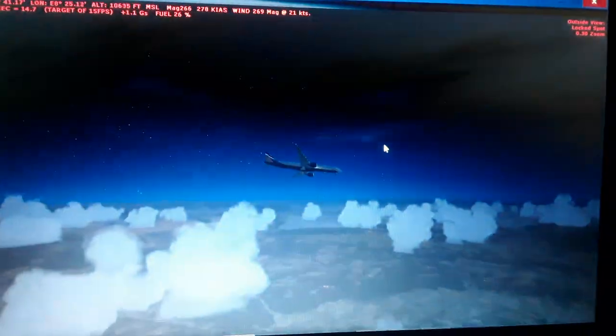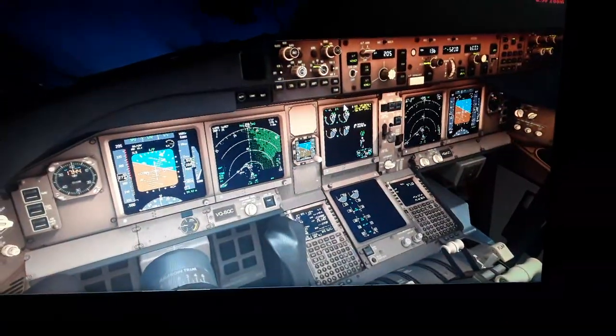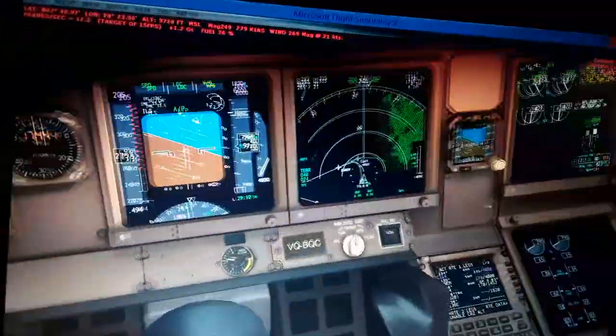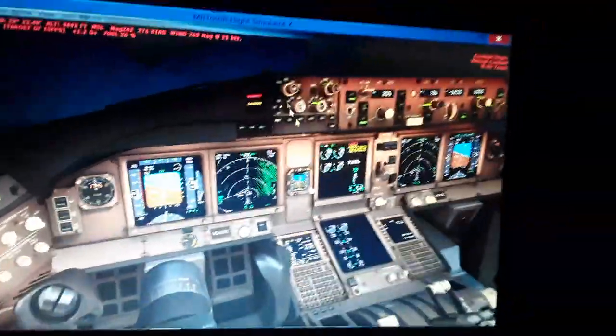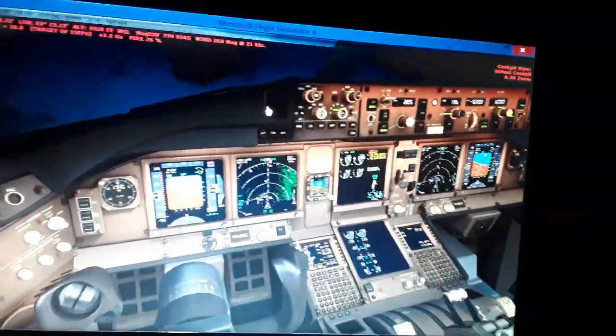So this is us coming back to the airport. This time now the autopilot.